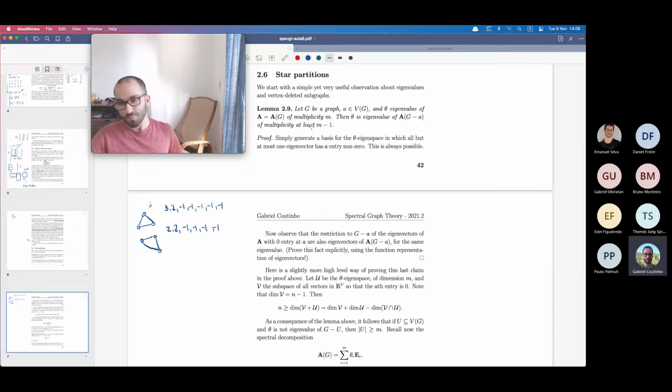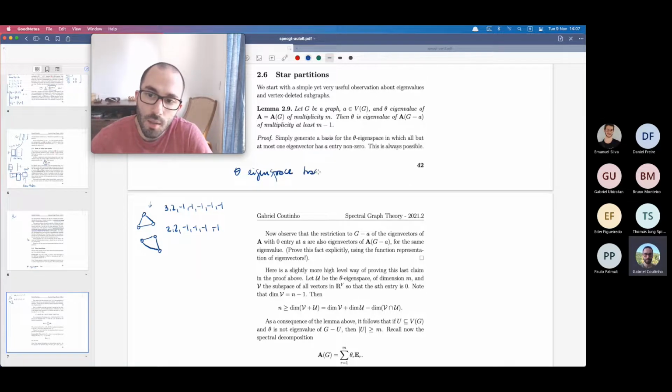Okay? And a pedestrian way of realizing that is for you to generate a basis for the theta eigenspace of this graph. You write a basis, let's say our basis goes from v1 all the way up to vm, where m is the multiplicity.